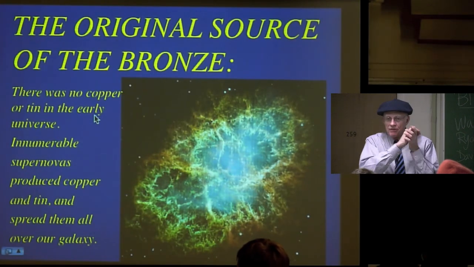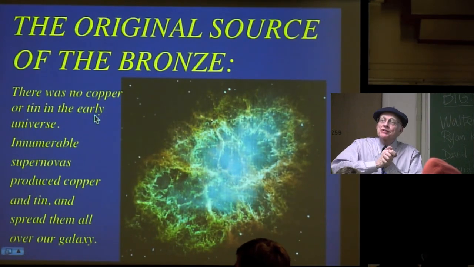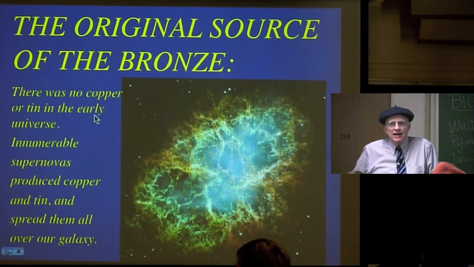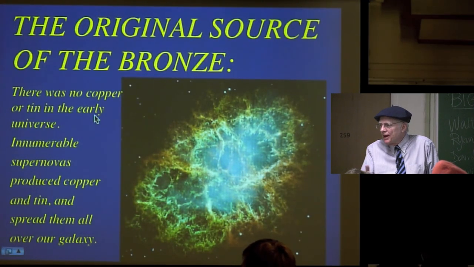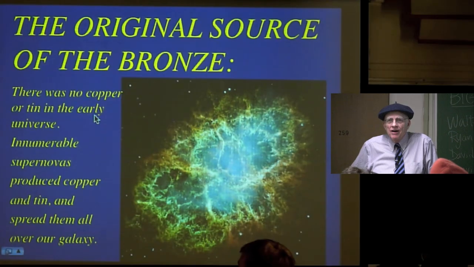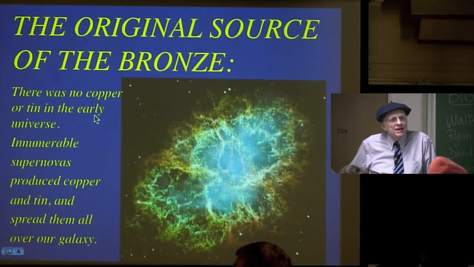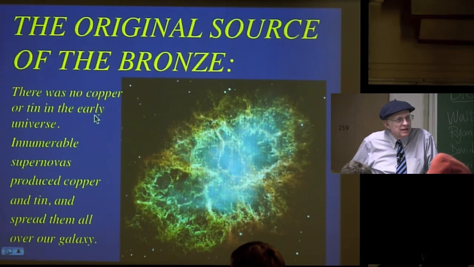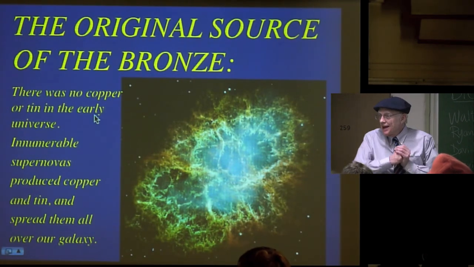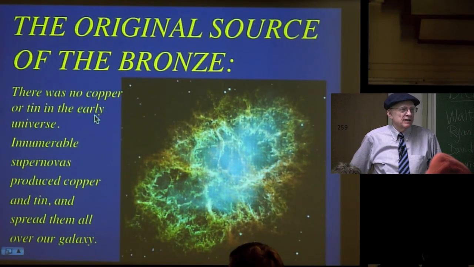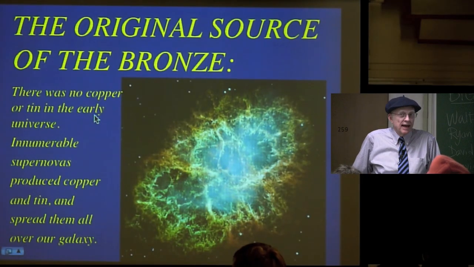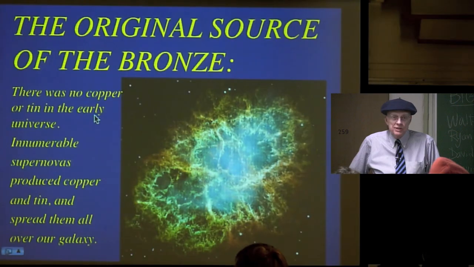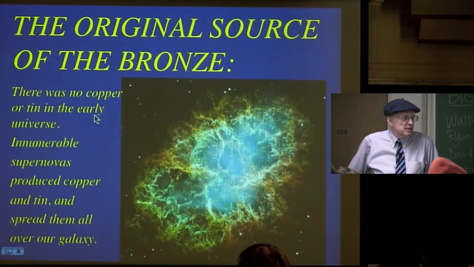And then when a supernova collapses, it sort of bounces, and part of it goes spreading out into a vast explosion that spreads whatever was in that star all over that part of the galaxy. So copper was made in stars as they collapsed, and then the collapse blew some of that stuff out into the galaxy, and it became later incorporated in solar systems like ours and planets like the Earth.